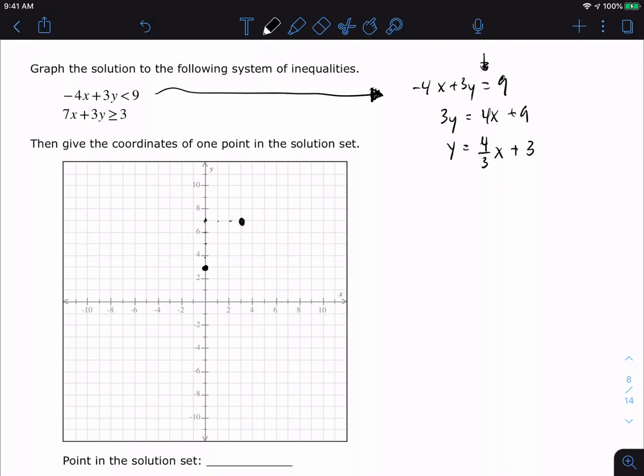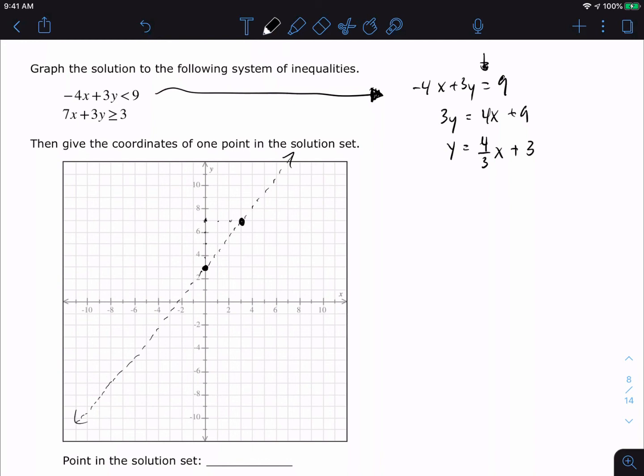So then I'm going to have this dotted line that looks like this. We okay with that? And the reason why it's dotted is because it's strictly less than.